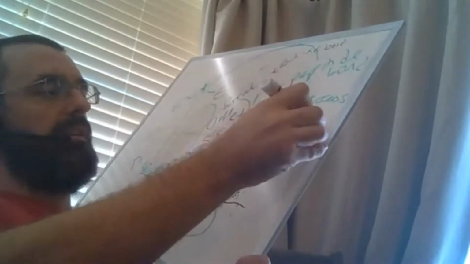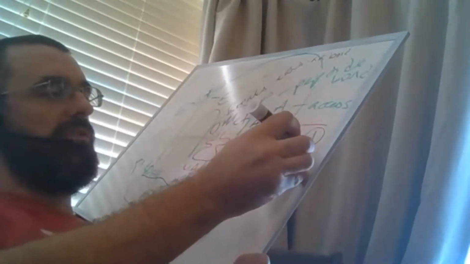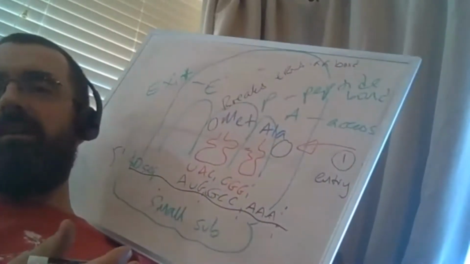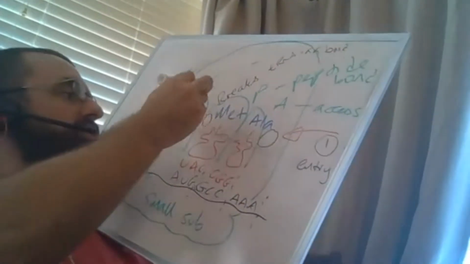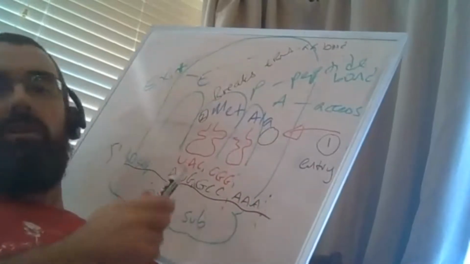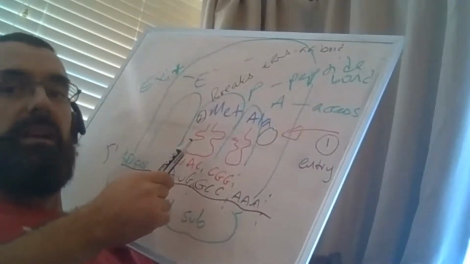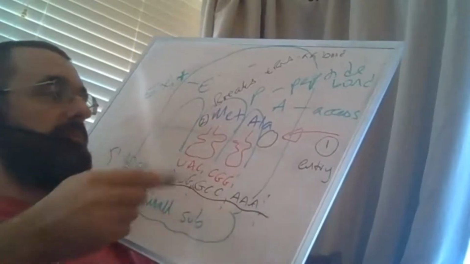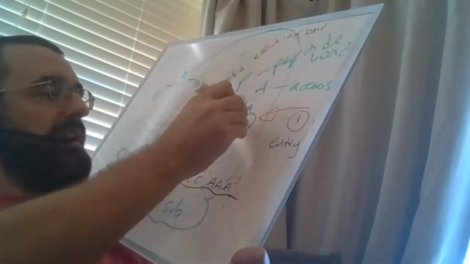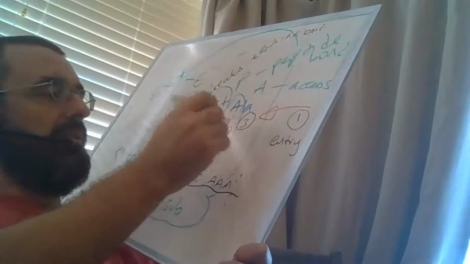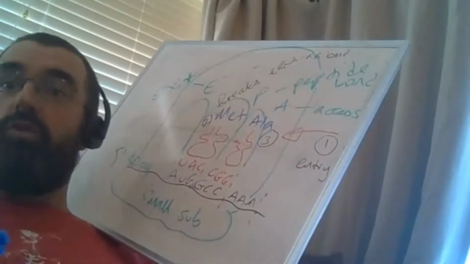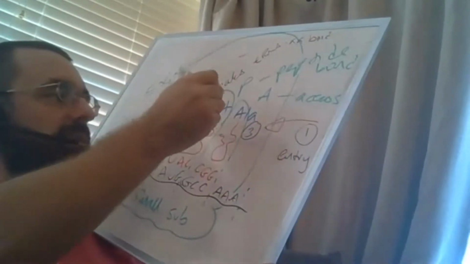So 1, entry, I was getting out of step, sorry about that. 2, the tRNA in the P site has its amino acid removed from it. And then 3, I'm just going to draw a single line, right? That's how simple it is.